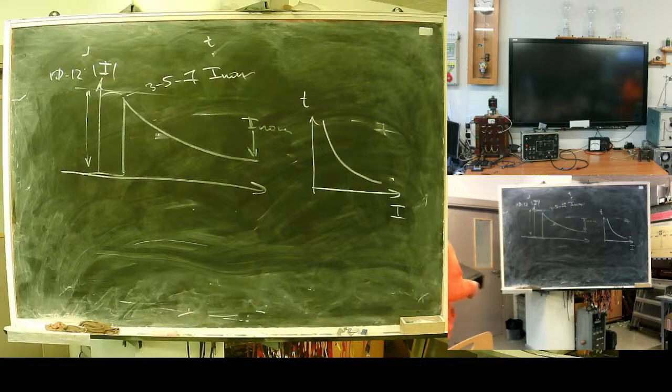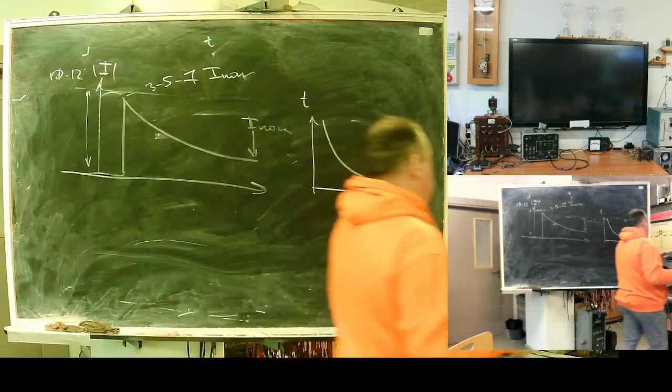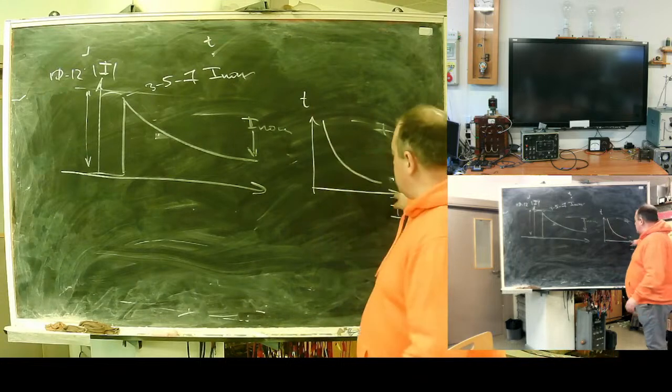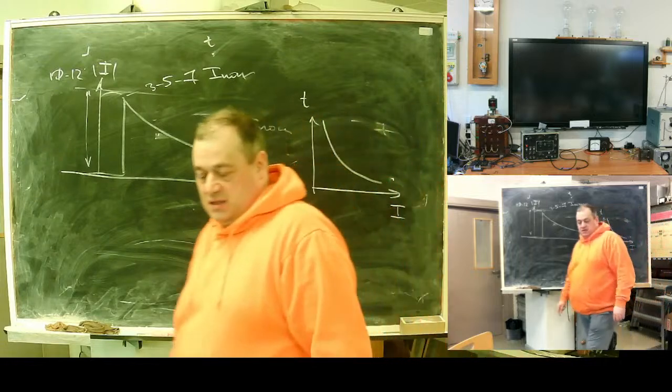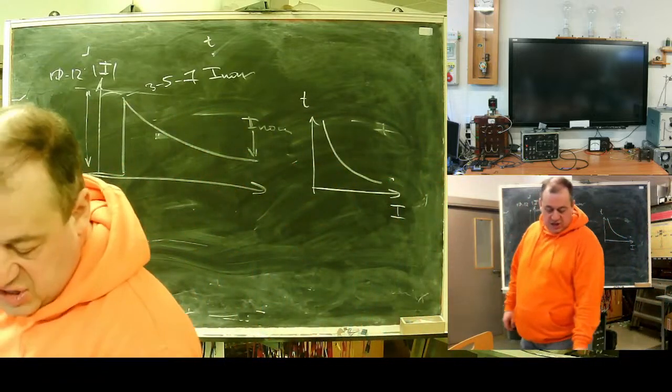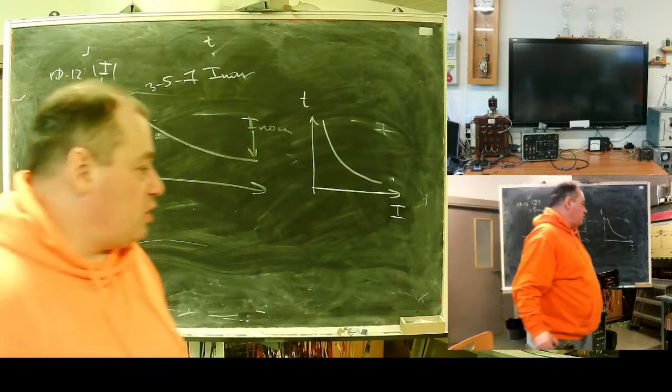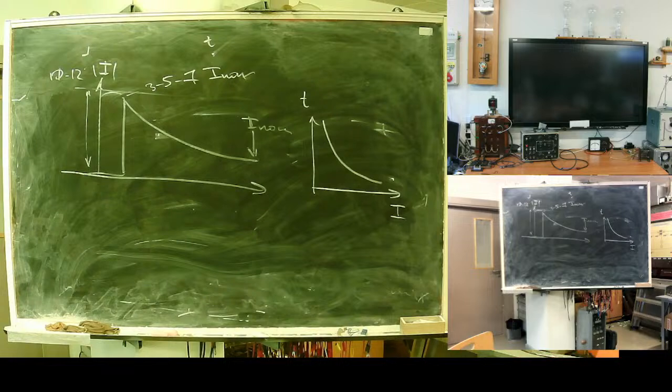You coordinate with it, and it has the same type of characteristic, like this. You need to coordinate your protection, and this kind of flat characteristic does not work well. What to do? Where to run?